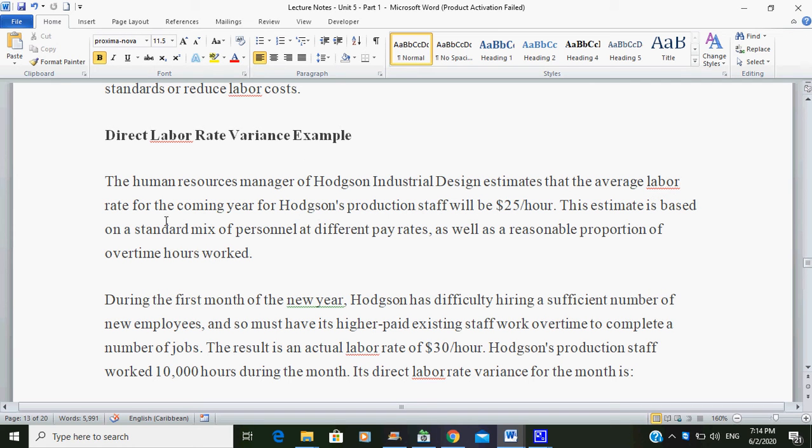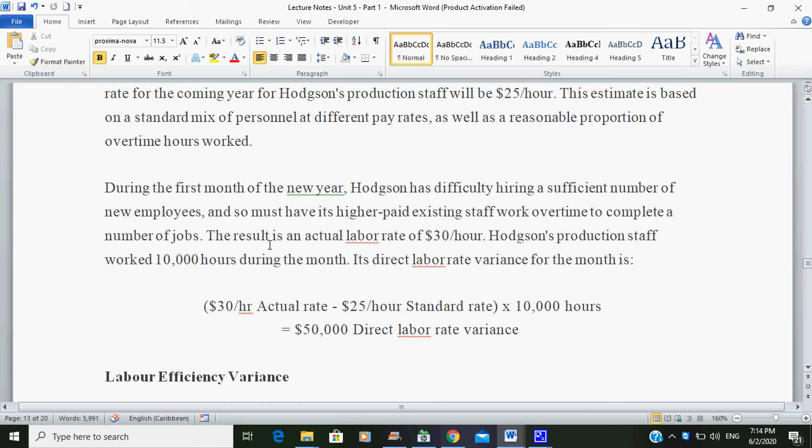During the first month of the new year, Hudson has difficulty hiring a sufficient number of new employees, and so most of its higher paid existing staff work overtime to complete a number of jobs. The result is an actual labor rate of $30 per hour. Hudson's production staff work 10,000 hours during the month. The rate variance for the month is?